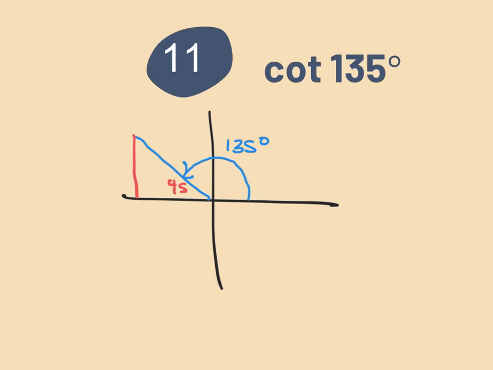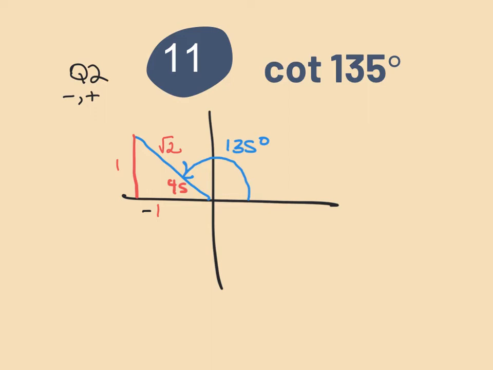So now I can go ahead and put in my sides. For the 45-45, the two legs are both 1, and the hypotenuse is the square root of 2. Again, remember in quadrant 2, your signs are going to be negative, positive, so this one is negative. Cotangent is the reciprocal of tangent.